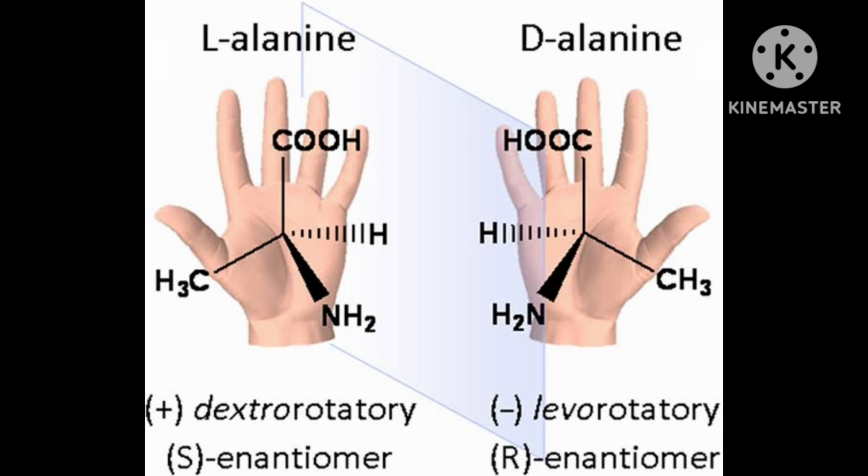Okay, four groups means four valencies, four different groups around a central carbon is tetrahedral, and if all the substituents attached to that carbon, meaning ligands, are different, not the same, one may be methyl group, other may be butyl, propyl, alkyl, four groups are attached, four are different. Correct?